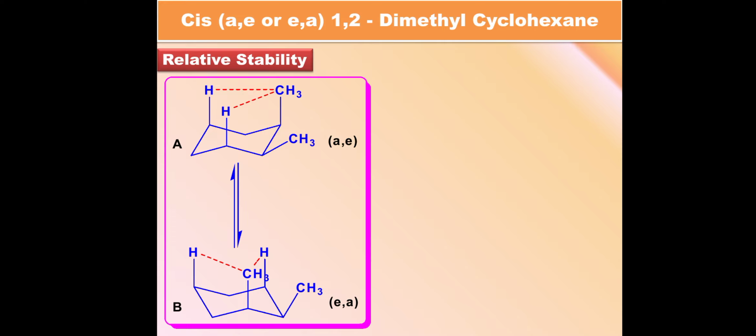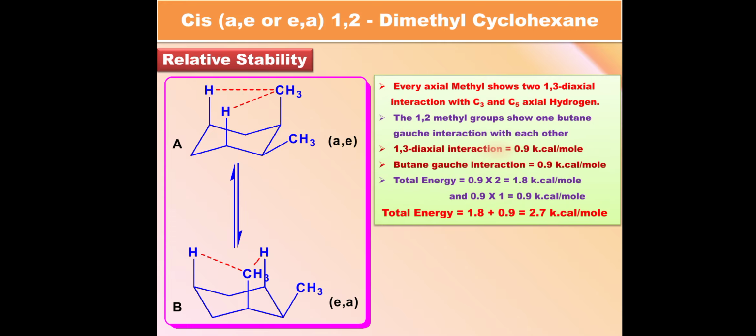So that axial methyl shows two 1,3 diaxial interactions with carbon number 3 and carbon number 5 axial hydrogen. One 1,3 diaxial interaction corresponds to 0.9 kilocalorie per mole. Therefore, two 1,3 diaxial interactions lead to 1.8 kilocalorie per mole.